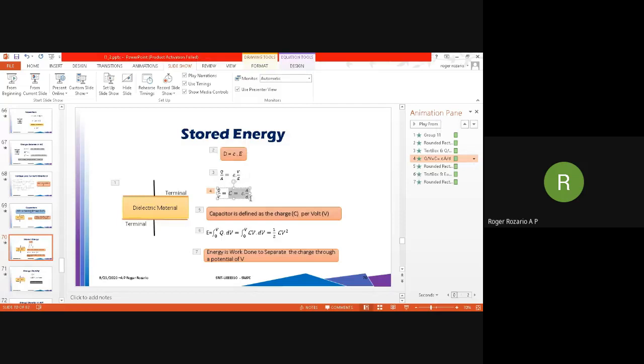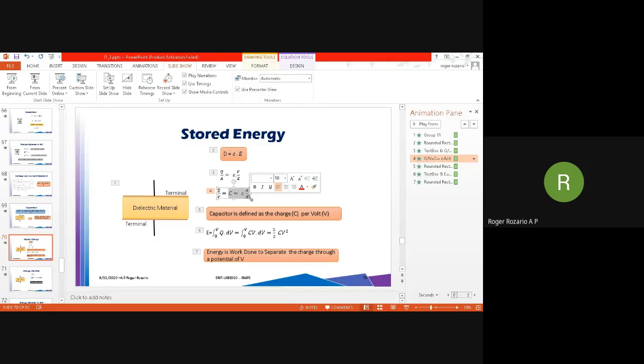I'm telling you about this equation, C equal to epsilon into A by D. Now the slide is visible. This capacitance value is related to the dielectric property of the dielectric material, which is permittivity, the area of cross section A, and the distance between the two plates.